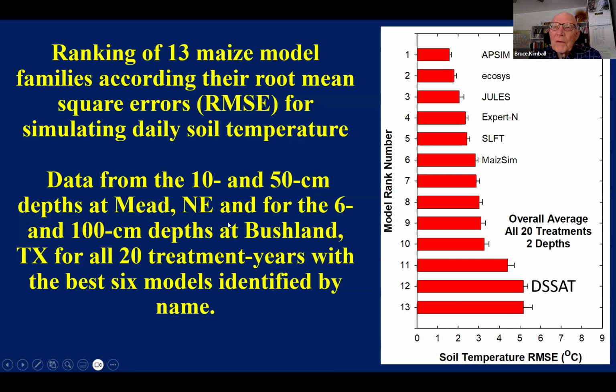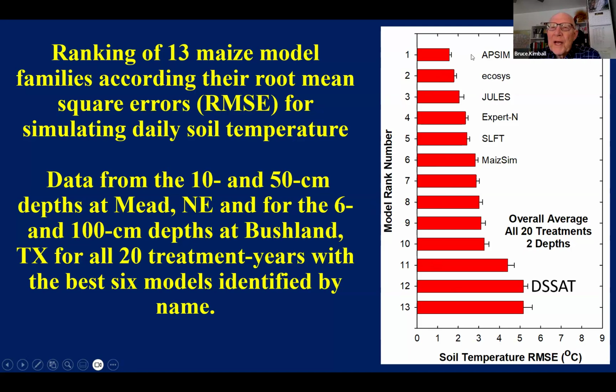And then when we went through all of the different simulations and tried to see how well all the different models were doing, these are the root mean square errors of soil temperature for the different models. In some cases, there are several models, like SIMPLACE where there is more than one flavor, and MaizSim more than one flavor, and then there are a whole bunch of DSSAT flavors. The champions at doing the best job were APSIM, EcoSys, JULES, and these other ones.